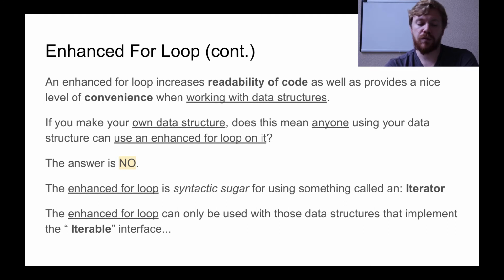And so we're learning two new terms here, an iterator and iterable interface. And they sound very similar, and they are very closely related, but they are distinctly different. And so please pay attention to the minute differences between the two.